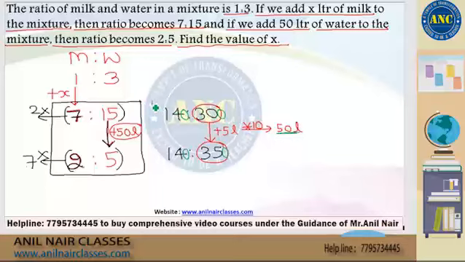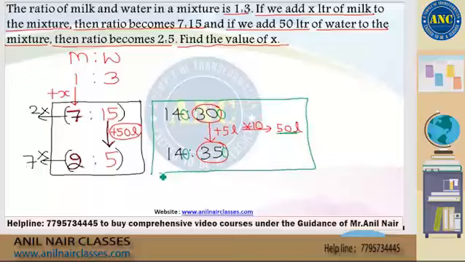Now this is from the bottom. Go to the top right now. So easily, beautifully you can solve it, sir. Go to the top. Can I say that milk and water are in the ratio 1:3. I am adding some liters of milk. That means water will not change.